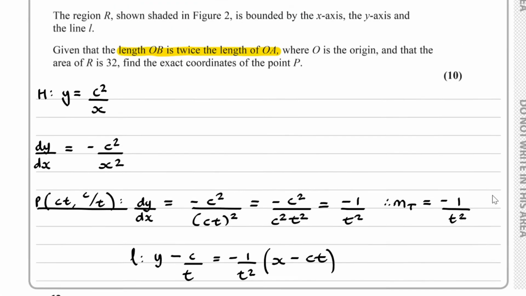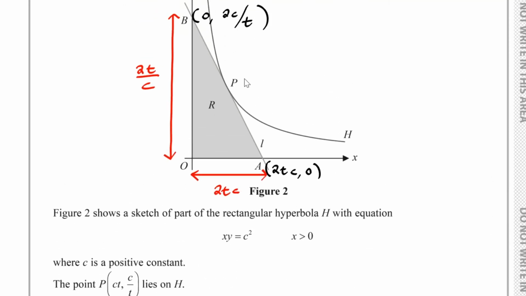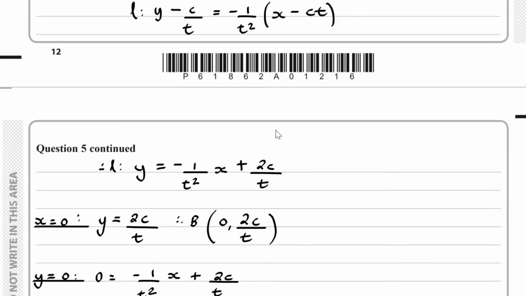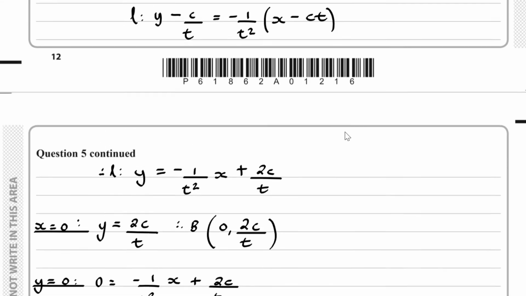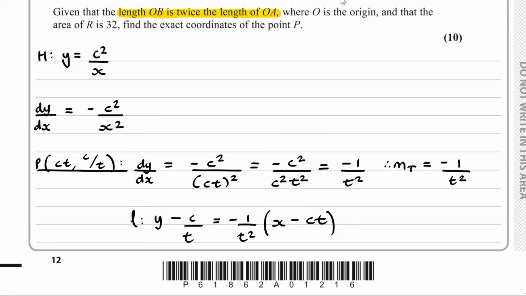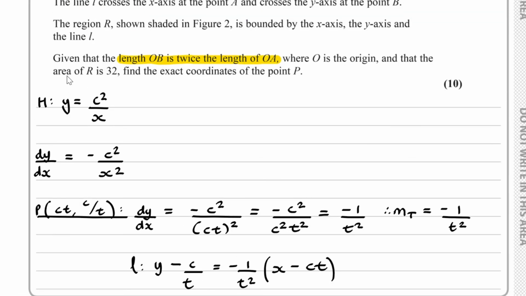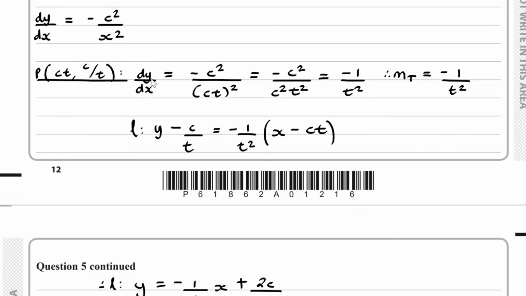It's important that you take the positive solution, because if you look over here, P is in this first quadrant, so therefore t must be positive, so t is equal to 1 over root 2. And we also know from the question that the area of R is 32 units squared.